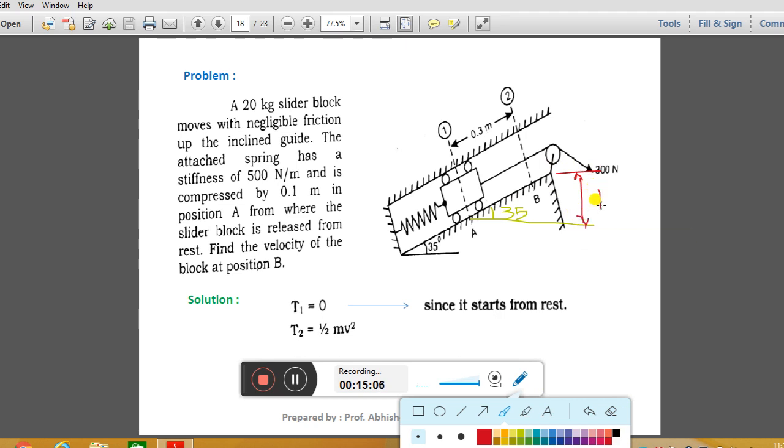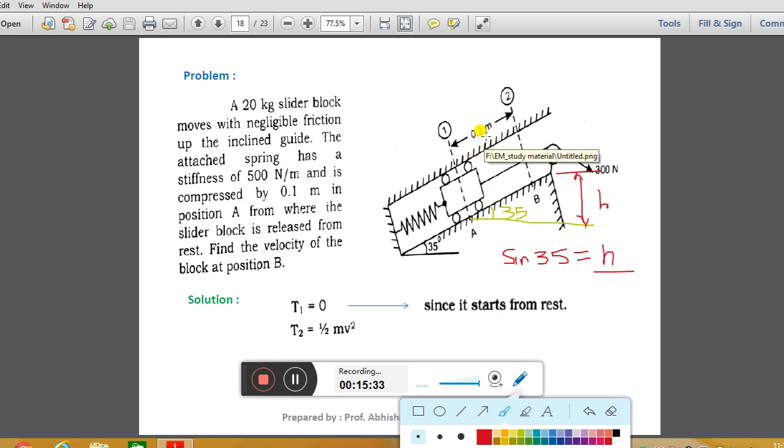So how can I find this H? Just apply the trigonometric relation. I can say sine 35 is equal to perpendicular, that is the vertical displacement, divided by hypotenuse.